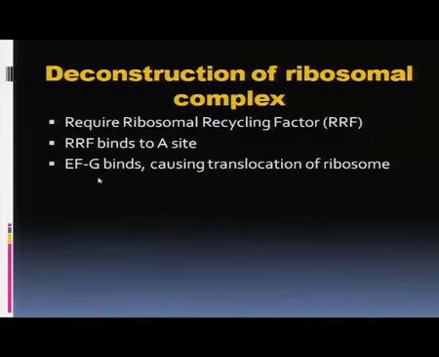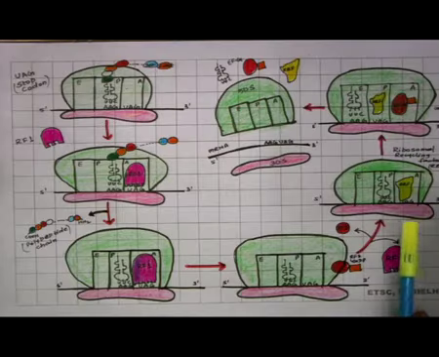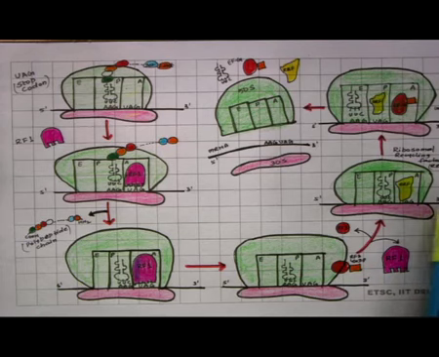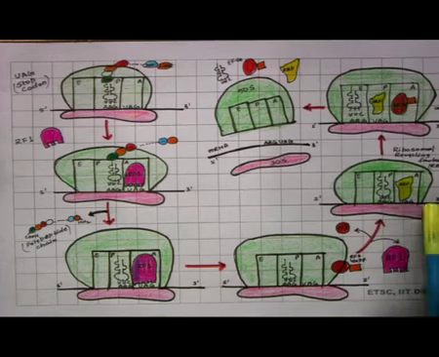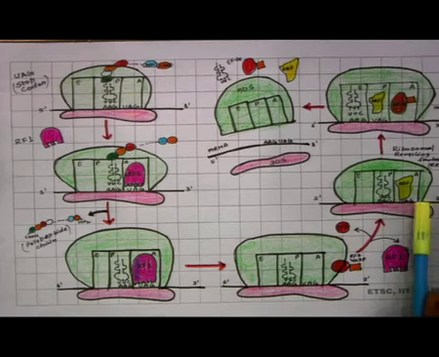Now, elongation factor G binds, causing translocation of the ribosome. With this complex, elongation factor G will be attached, and with the binding of elongation factor G, the whole ribosome will move one triplet codon ahead. That is the translocation of the ribosome.